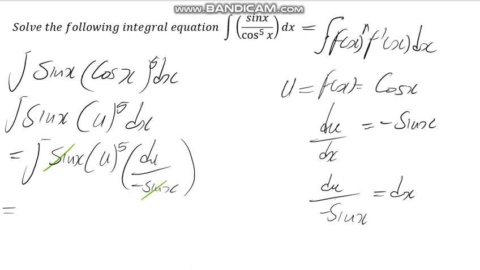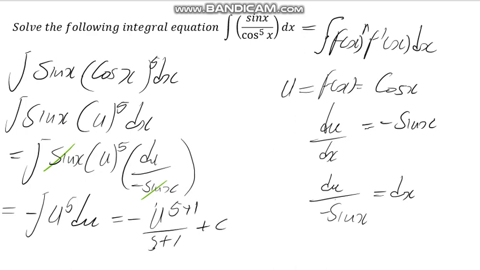You'll be left with the minus. Let me put the minus outside, then it's u to the power of 5 du. Therefore, it's in a standard form. So since it's in a standard form, you can now use the formula of a standard form that says minus u to the power of 5 plus 1 over 5 plus 1 plus c.